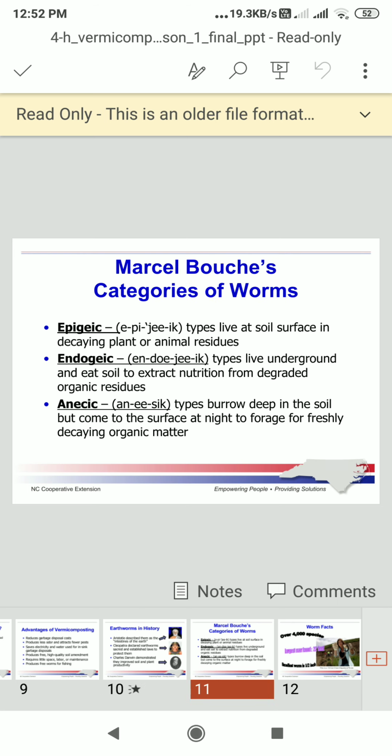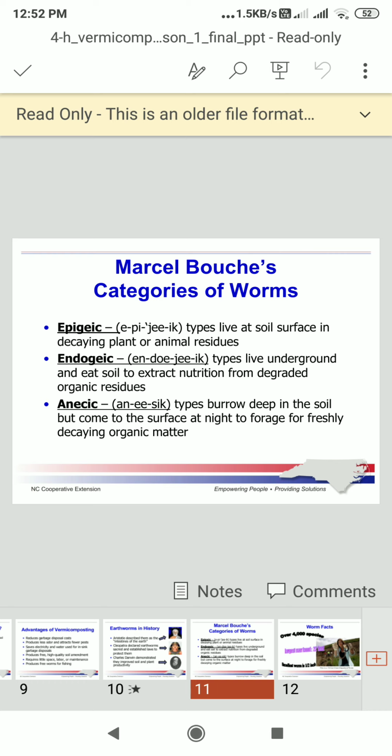And Marcel Bouché categorized worms as epigeic, endogeic and anecic. Epigeic worms live at the soil surface in decaying plant or animal residues. Endogeic worms live underground and eat soil to extract nutrition from degraded organic residues.